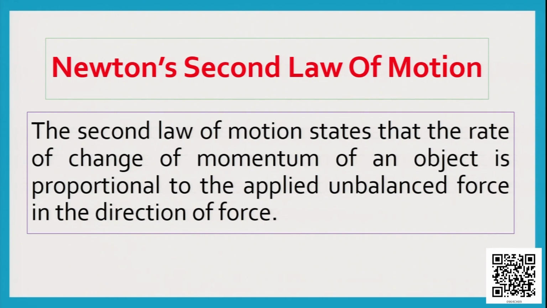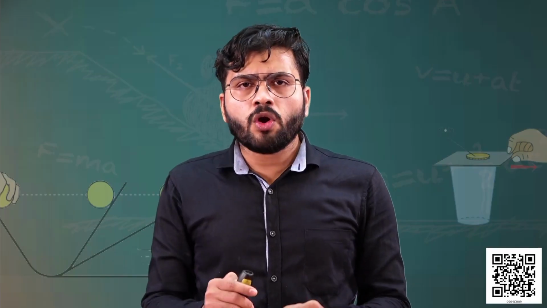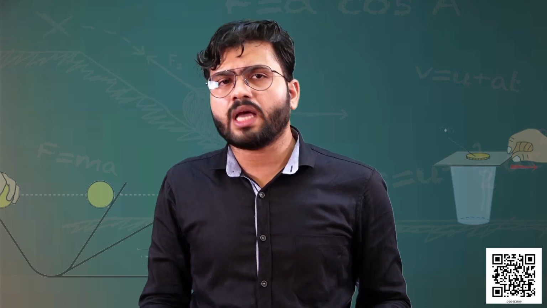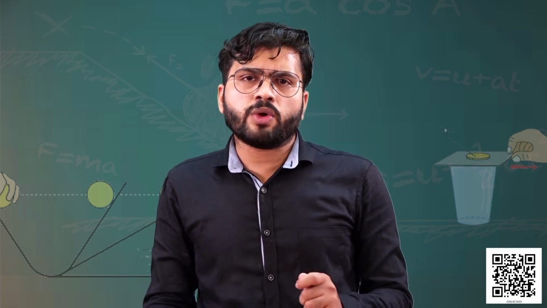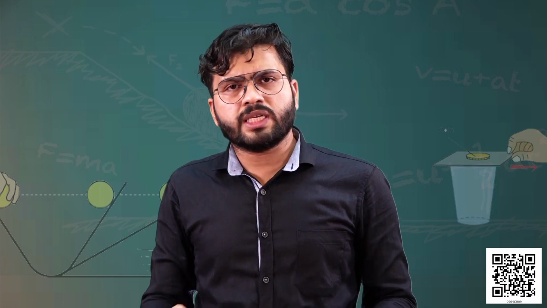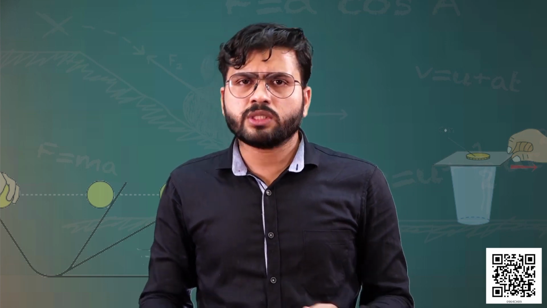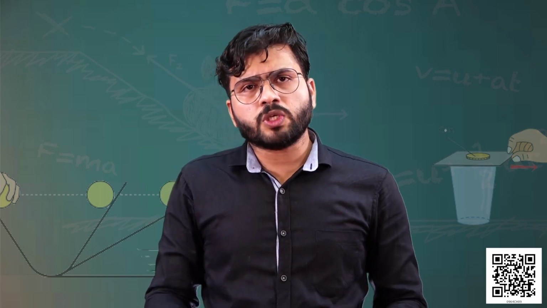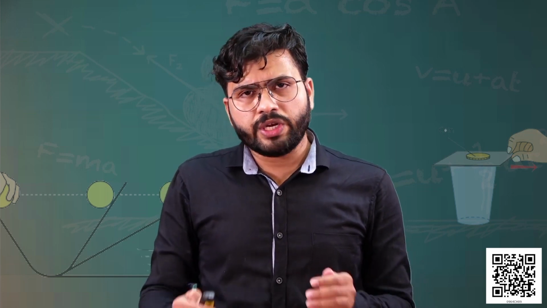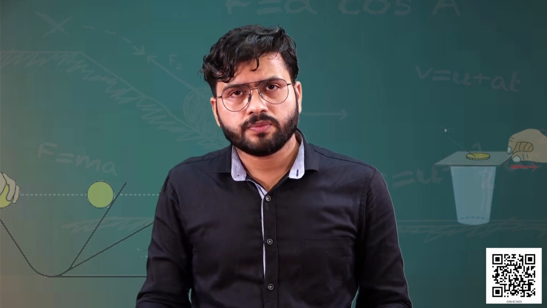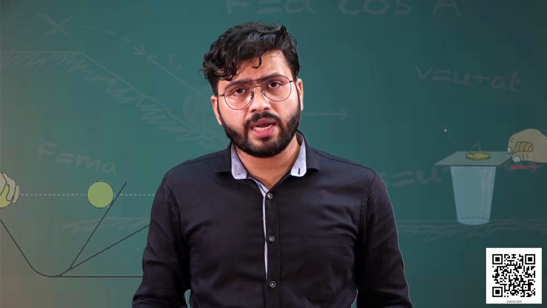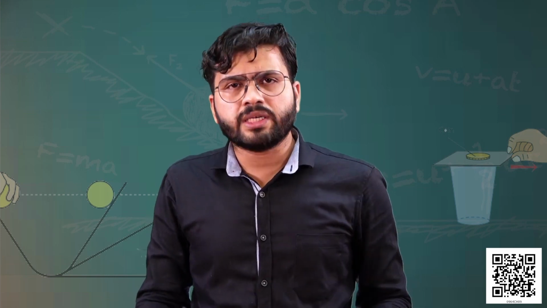That means, as we saw, in order to change the velocity of an object, a force has to be applied. So, whenever we apply force, velocity is changing. Velocity changing means the momentum is changing. Suppose we know the change in the velocity and we want to calculate the force; that can be calculated from the rate of change of momentum.